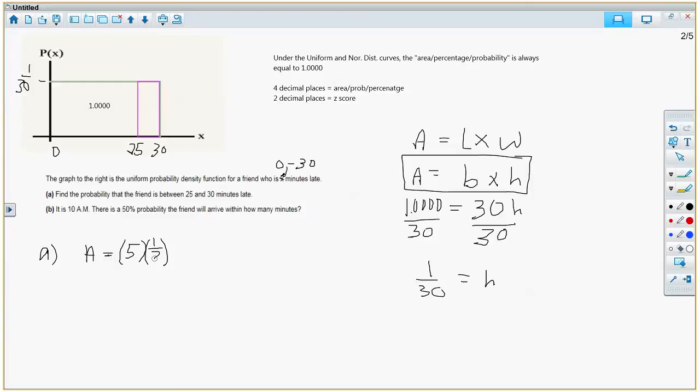And no, you do not need a calculator for this because 5 times 1 is what? And 5 over 30 is what? 1/6. And everybody in here should know that 1/6 is equal to 0.1667. Why did I write it with 4 decimal places? Because that's the area in this rectangle right here. So what kind of percent chance is there that your friend is going to be 25 to 30 minutes late? A 17% chance.